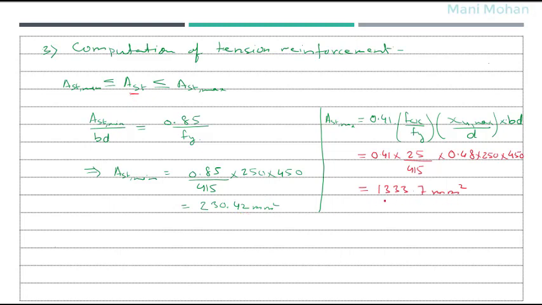We'll ensure the tension reinforcement which we provide lies between 230.42 millimeter square and 1333.7 millimeter square. Now, in order to compute the tension reinforcement, the moment carrying capacity will be equated with the tension force which is going to develop in my reinforcement, into the lever arm.